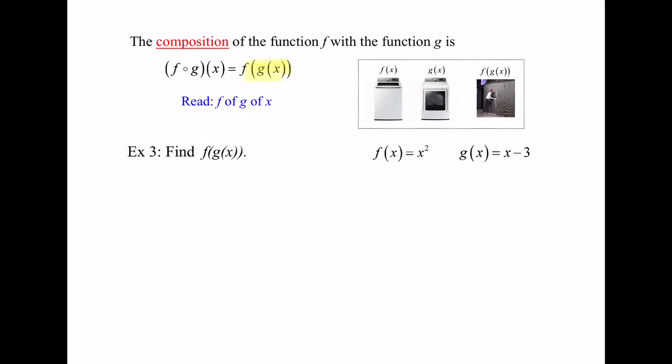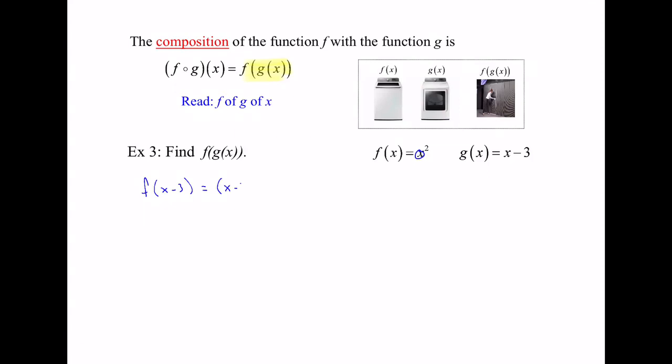So to find f of g of x, we're going to start with g of x. So g of x is x minus 3. So we're going to replace g of x with what it's equal to, which is x minus 3. So now it's f of x minus 3. So wherever there's an x, you're going to replace that with g of x, which is x minus 3. So in f of x, x is being squared.